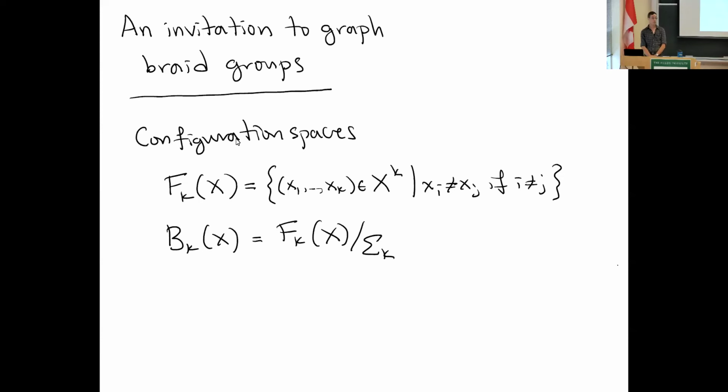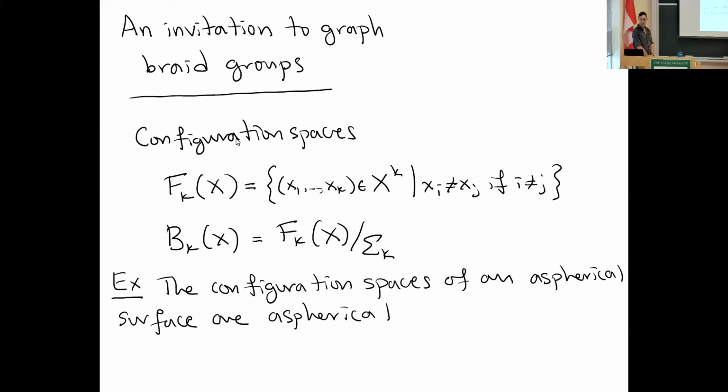The classical example is configurations of particles in a surface. If that surface is not the sphere or RP2, then these configuration spaces are aspherical. That means they're classifying spaces for their fundamental groups. The fundamental groups are the only information that's happening homotopically.